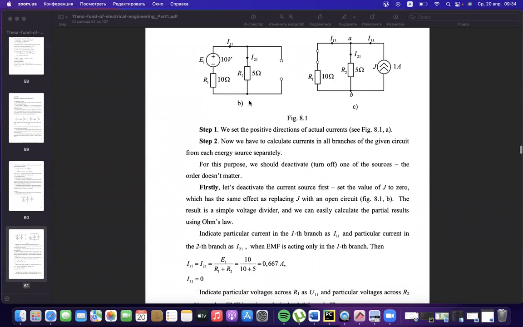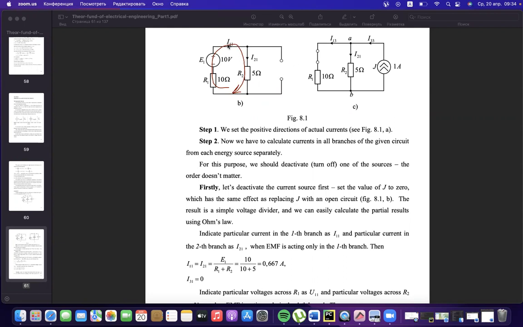In the first circle on picture number B, we have only one current direction, only one loop, and it will equal the electromotive force divided by 2 resistivities, E over R1 plus R2, it will be 0.67 amperes.